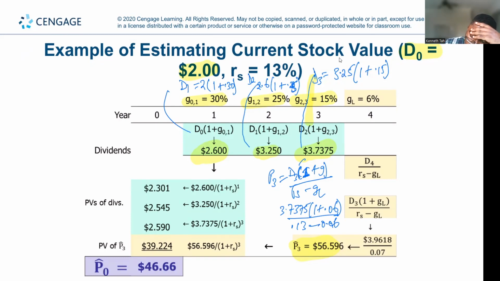And then we are going to now calculate the present value. So what that means is that P0 is going to be the present value of D1 plus present value of D2 plus present value of D3 plus present value of P3. Okay, so we have D1, we calculate the present value.